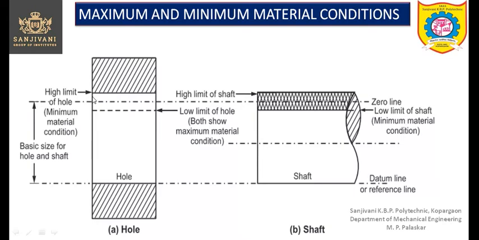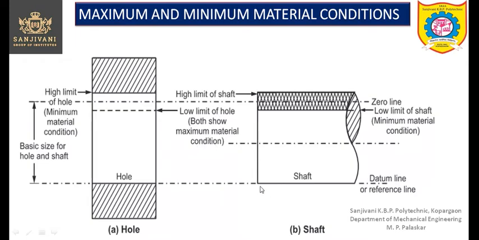So when the hole is having maximum size, or when the diameter of the hole is maximum, then the material condition is minimum. We are having minimum material condition when the size of the hole is maximum. Similarly, here you can see that when the size of the hole is minimum, low limit of hole, that will show maximum material condition.